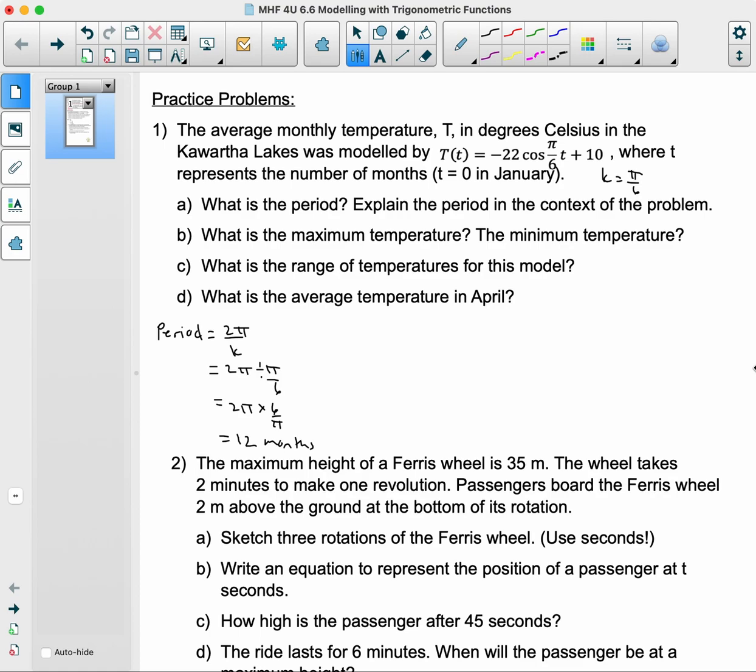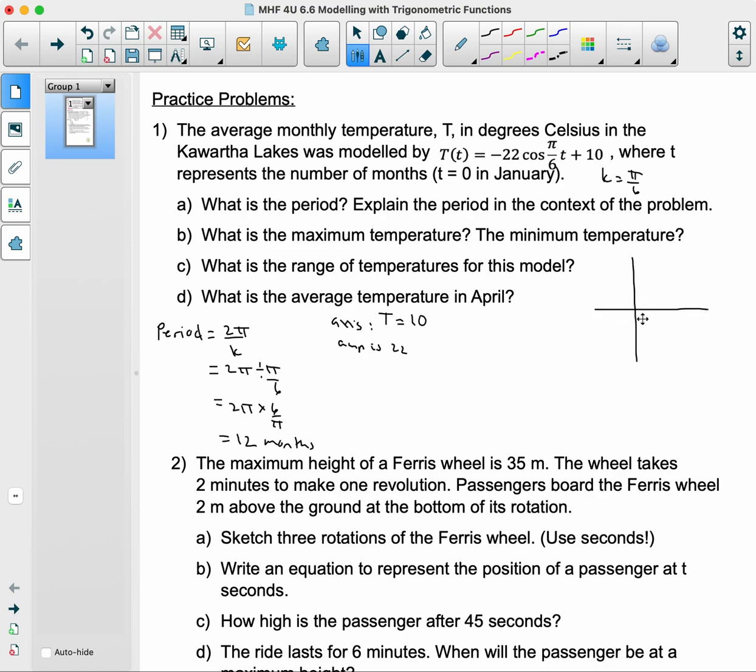When it says, what is the maximum temperature? We know that our axis is at T equals 10. Okay, and we know that our amplitude is 22. So if I'm thinking about a picture, I have no phase shift.